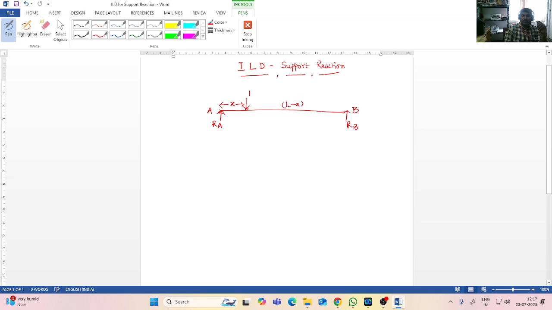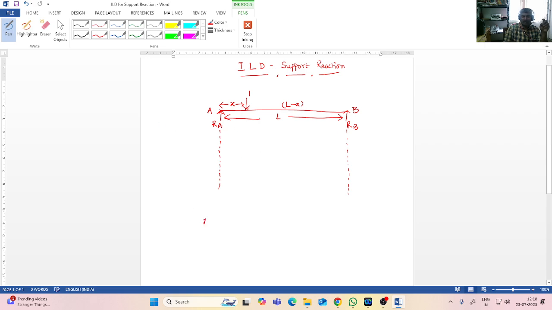While it is traveling, when you take a picture of it, let us say the unit load is at a distance of x from A. Now from equilibrium you are able to solve the support reactions, which are the RA and RB values.